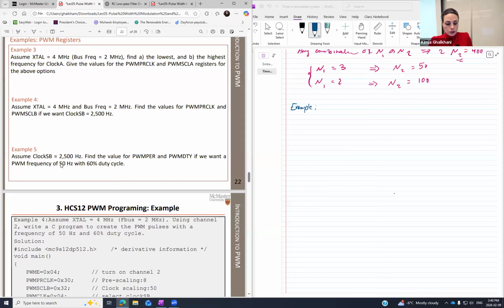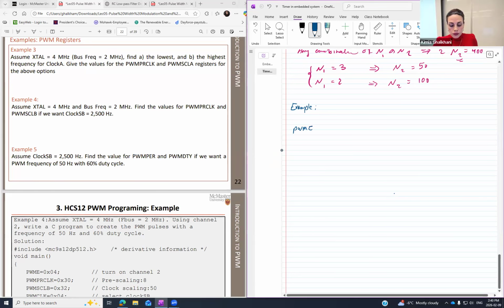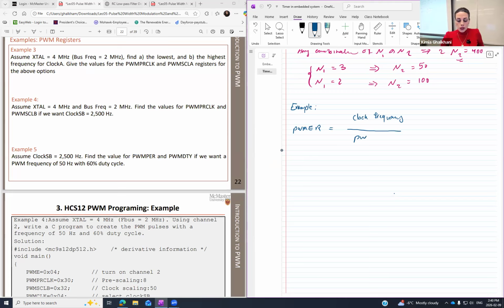Let's practice this one. So I'm going to have PWM PER to be clock frequency over PWM frequency, right?